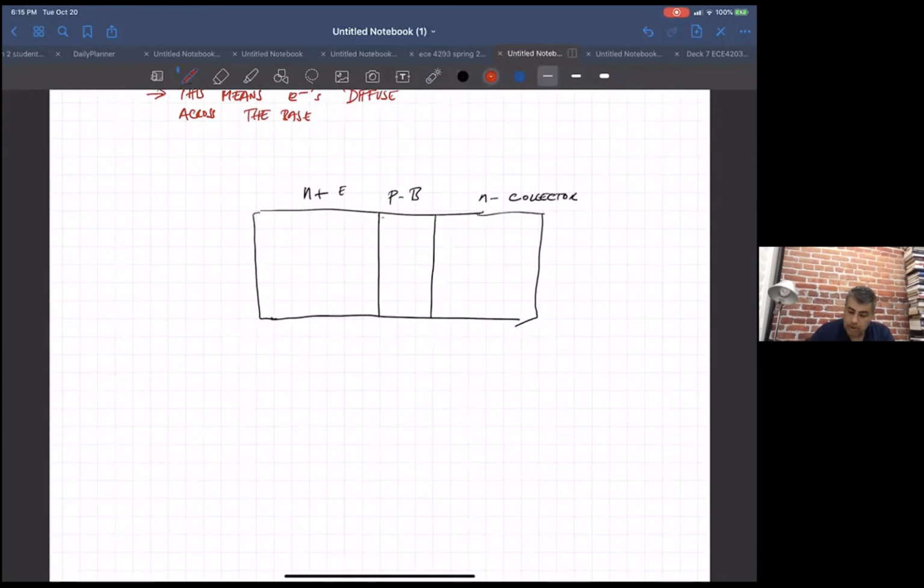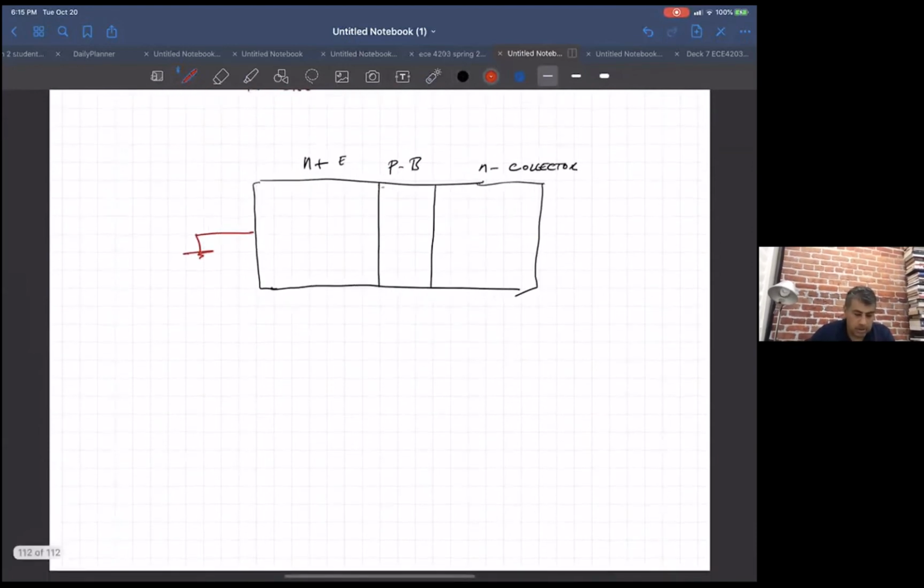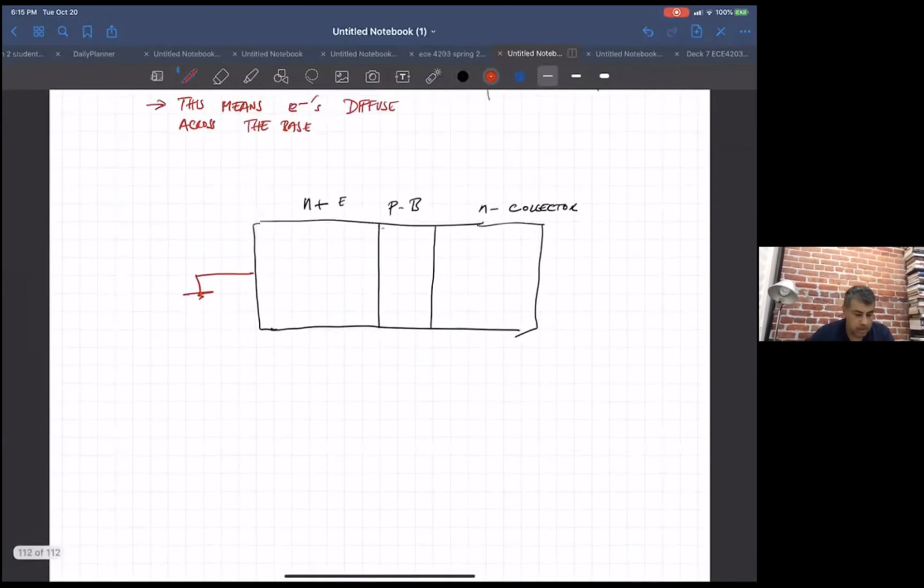Then we've grounded the emitter. We're putting a VBE across the base. And then we're putting a DC voltage, let's say 1 volt or something, across the collector and emitter.